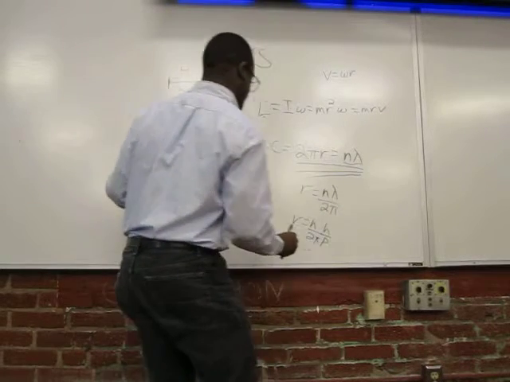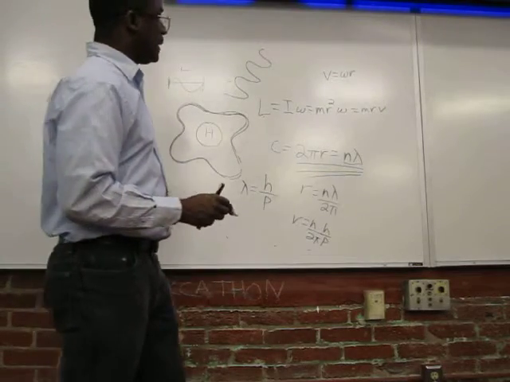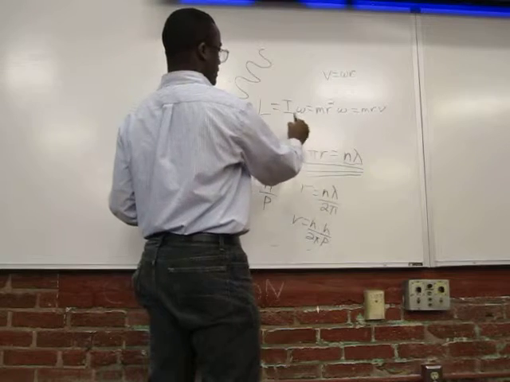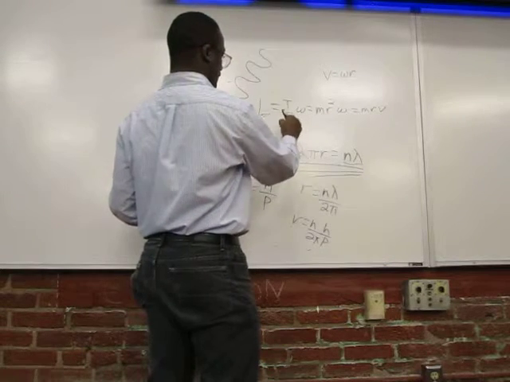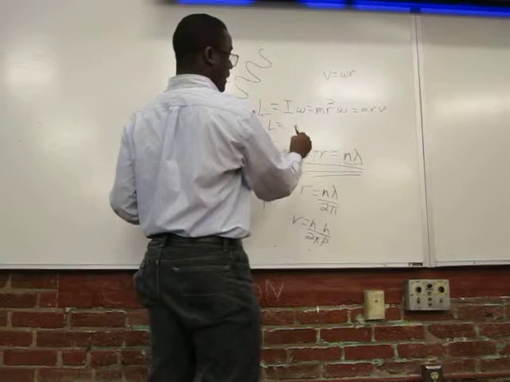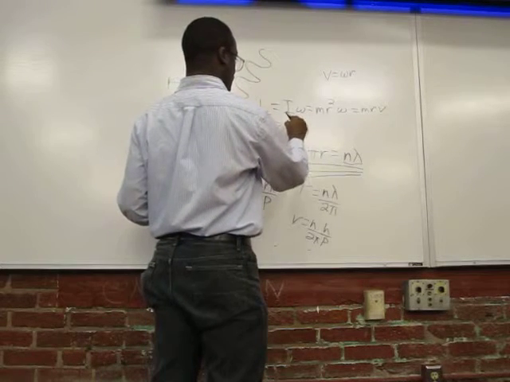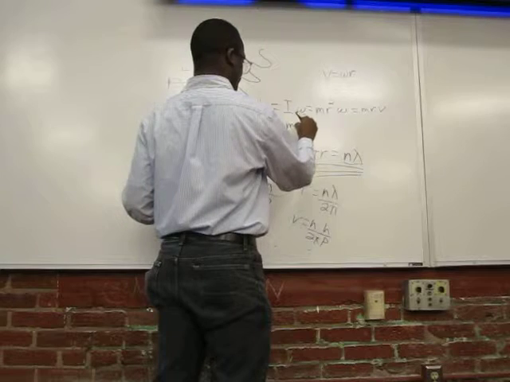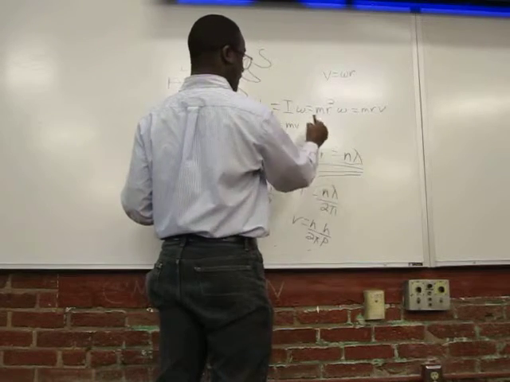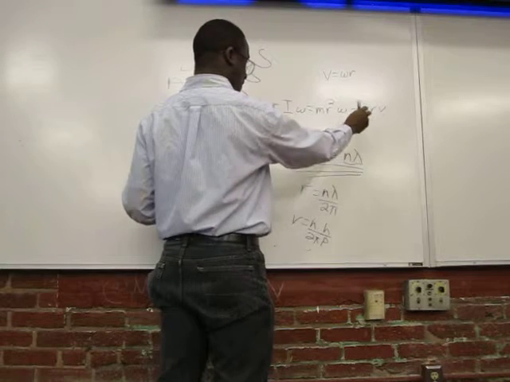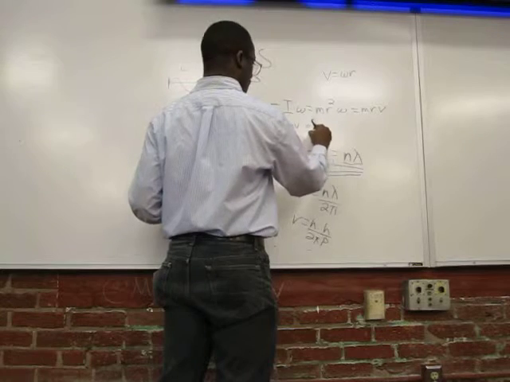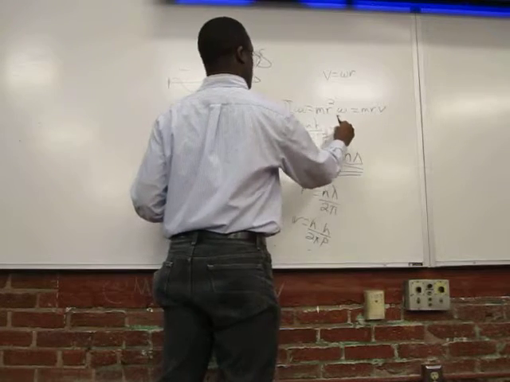Okay, and then when you substitute r into this equation, L equals mv times r, which is this, n h over 2 pi times the momentum.